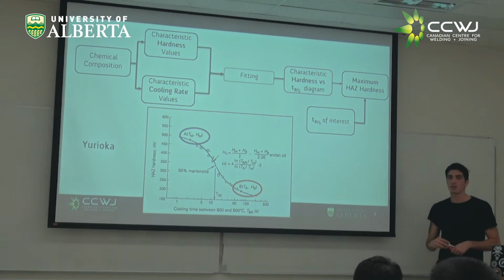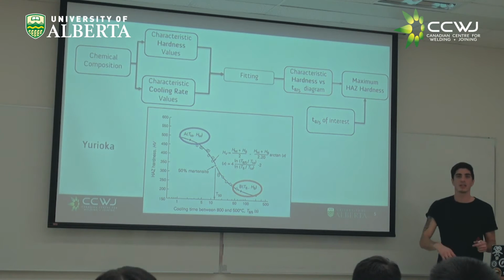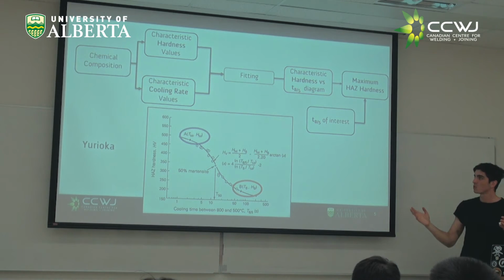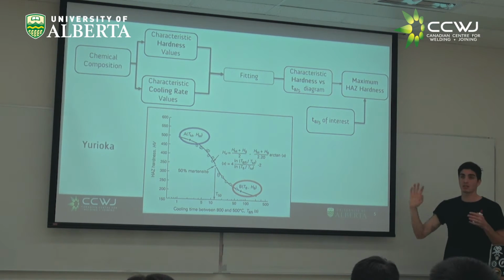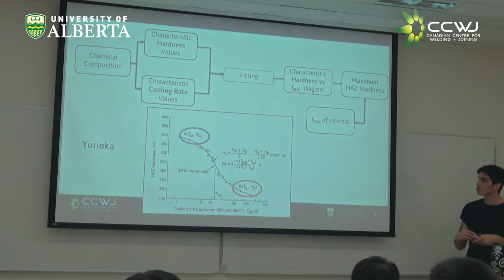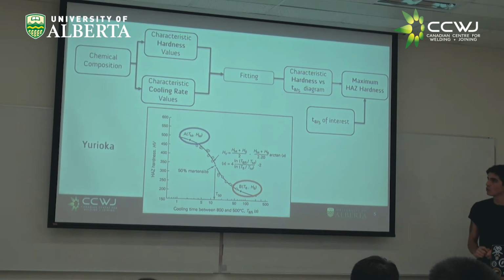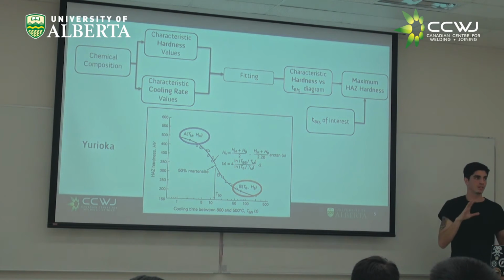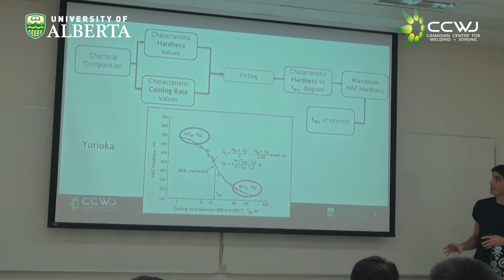He said, okay, I have these parameters, I have all this data, I just fit it with the equation I want, and he got an equation. Then with that equation, he took the parameters that you can back calculate with different chemical compositions and get a hardness value. So what you have to do first is calculate those A and B points. Once you have those, you have almost all the problems solved, right?